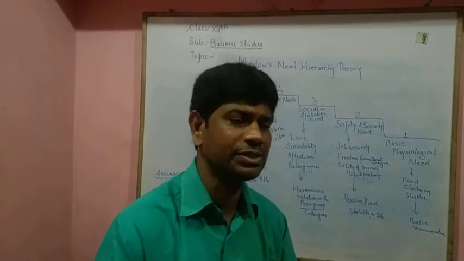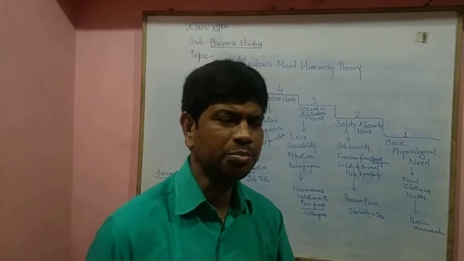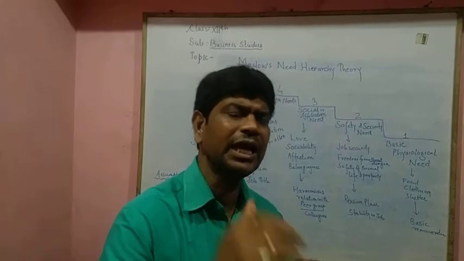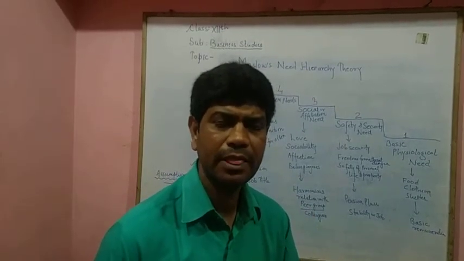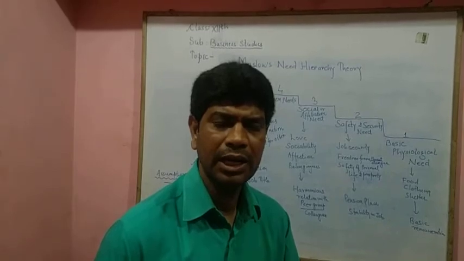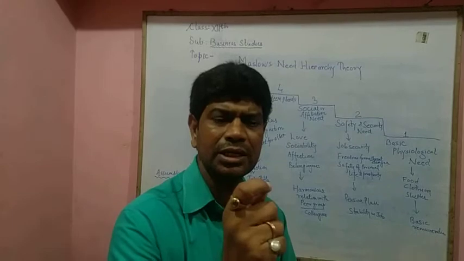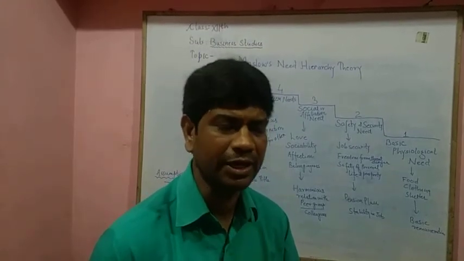There could be several complex needs at a time, but these needs definitely have a preference, which Maslow has pointed out. And the task of a manager is to identify needs which play an important role in influencing behavior.